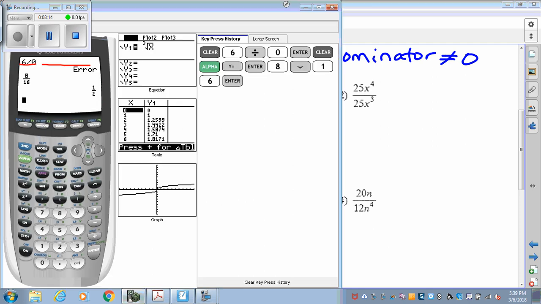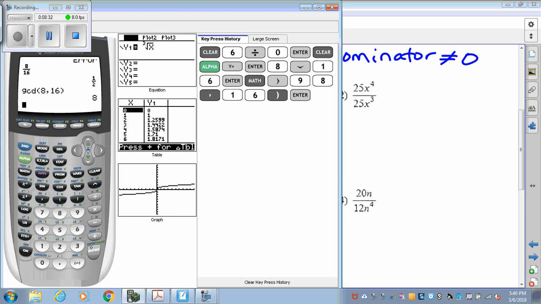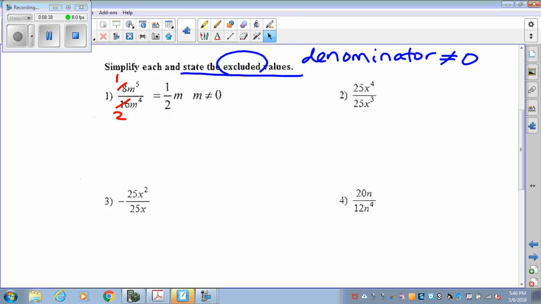I could also do math num 9, and I'm looking at 8, 16. That says my greatest common divisor, greatest common factor there, is 8. So that means I can divide everything by 8.